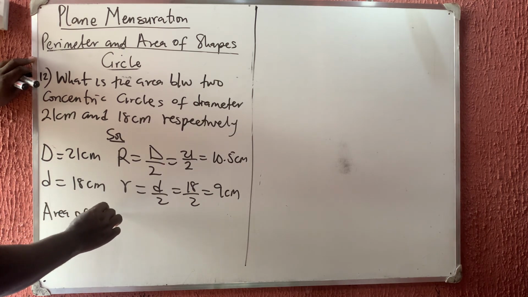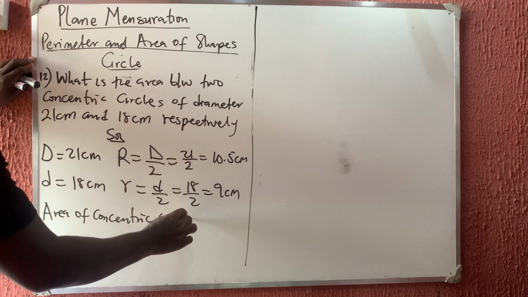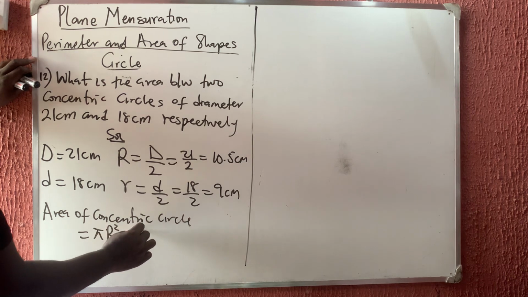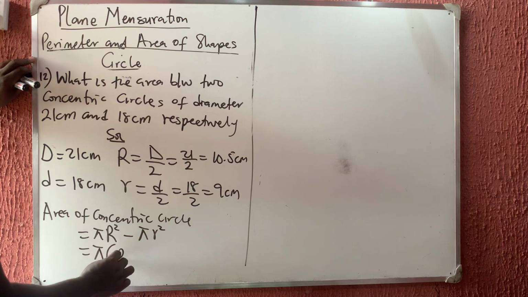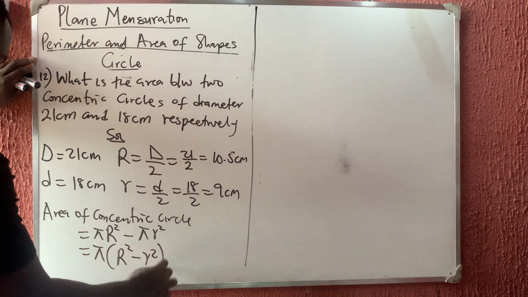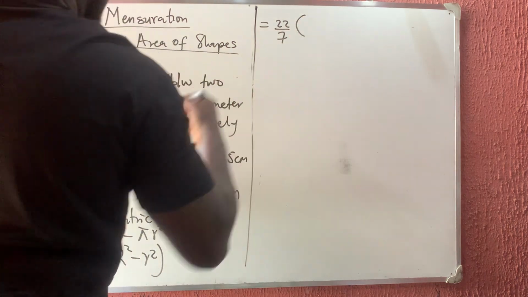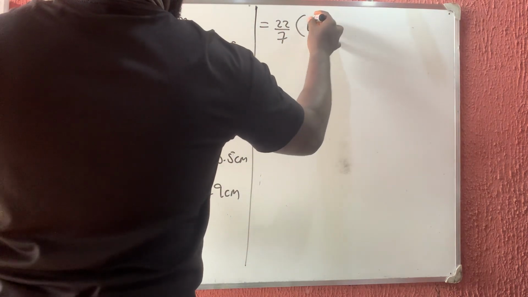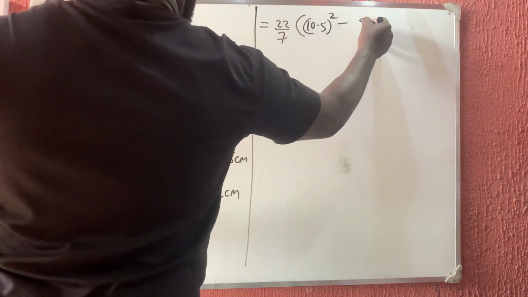The concentric circle is now pi r squared minus pi r squared, or you have it as pi in bracket of R squared minus r squared. So that is 22 over 7 in bracket of 10.5 all squared minus 9 squared.